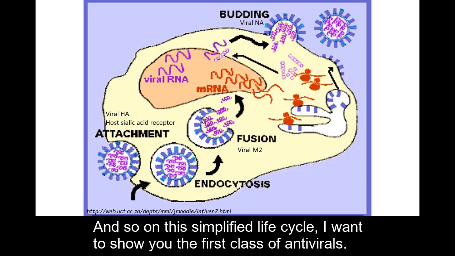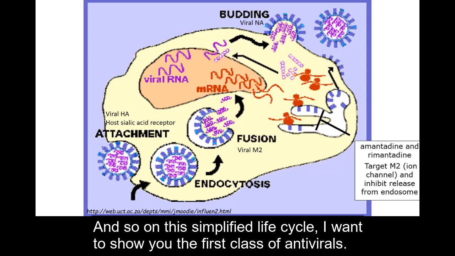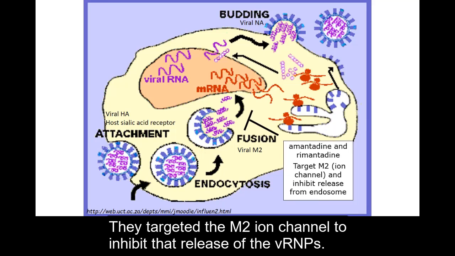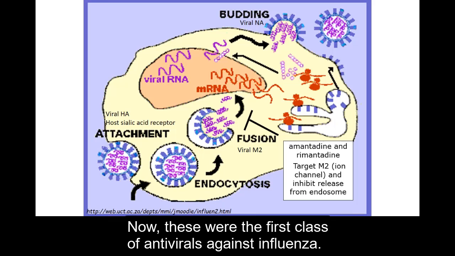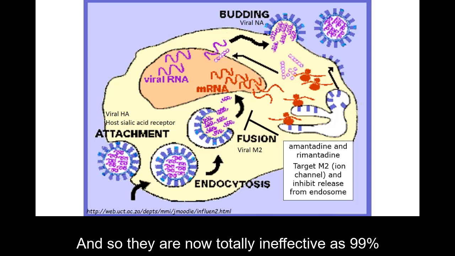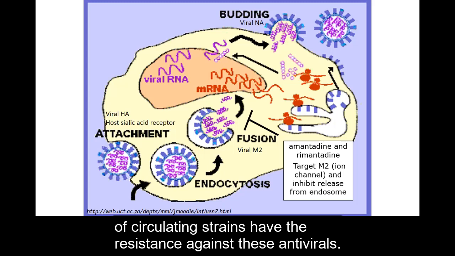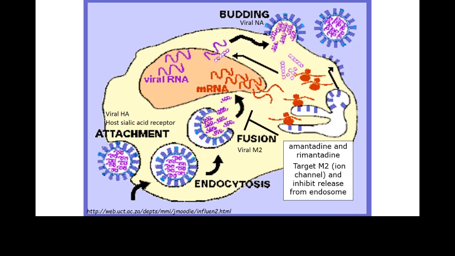And so on this simplified life cycle, I want to show you the first class of antivirals. They targeted the M2 ion channel to inhibit that release of the vRNPs. Now, these were the first class of antivirals against influenza, and so they are now totally ineffective as 99% of circulating strains have the resistance against these antivirals.